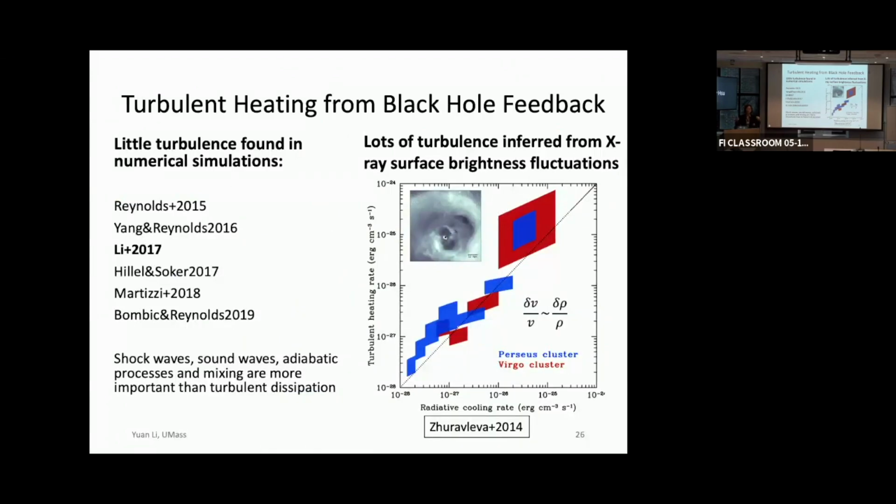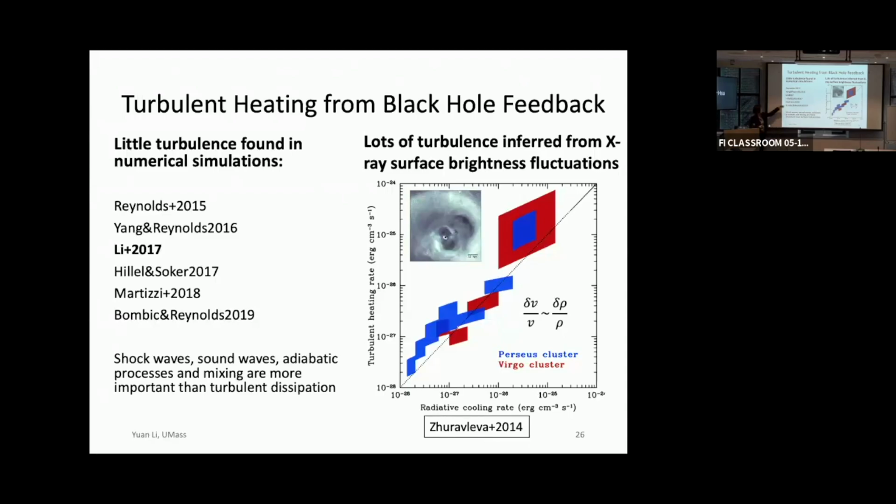We all know that black holes are feeding back, but how does the energy from the jets, in this case we're talking about low luminosity black holes, I mean, it applies to quasars too, but we can talk about that later, get coupled to the host galaxy or galaxy cluster? And one attractive idea is maybe the jets can drive turbulence, and then the dissipation of turbulence will generate heat, which can suppress radiative cooling.